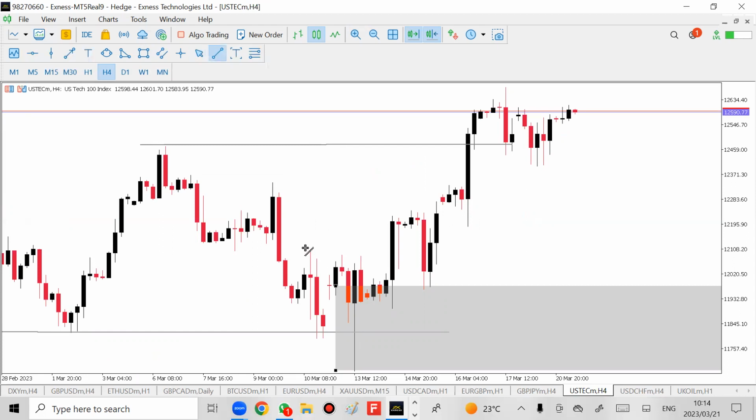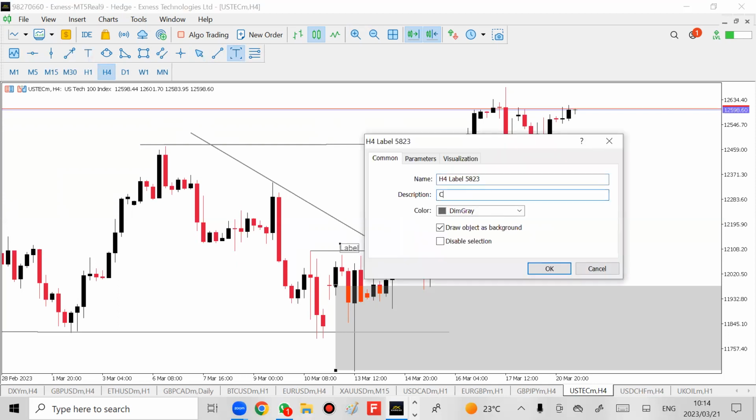On 4 hour, what we had here, let's take it from the chalk. This is a change of character. Structure shifted from bearish, because this was a bearish trend within the range, you can see. So this is our 4 hour chalk. These are internal structures because you're trading within the range.